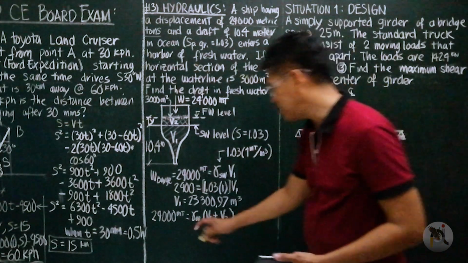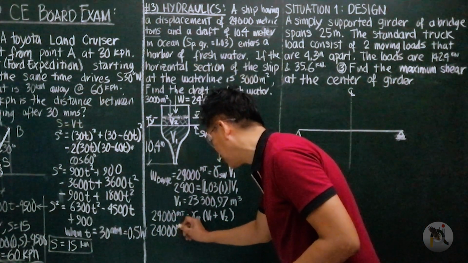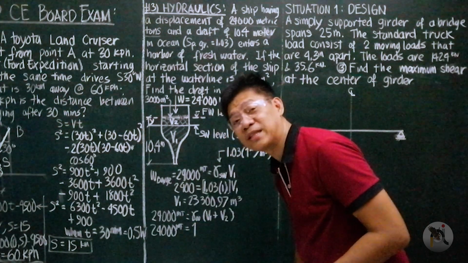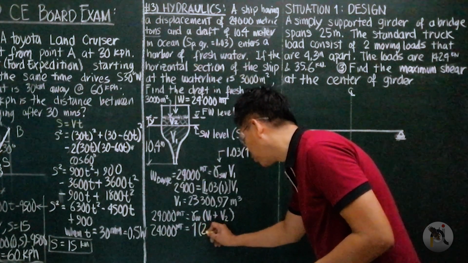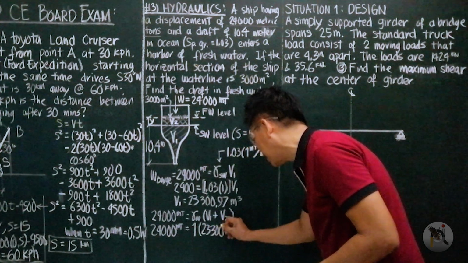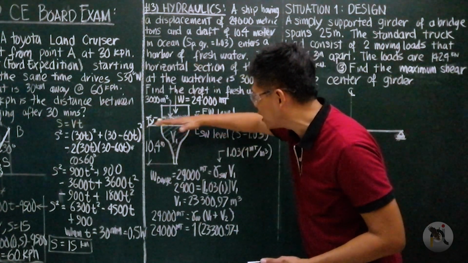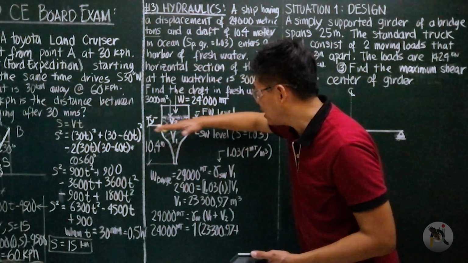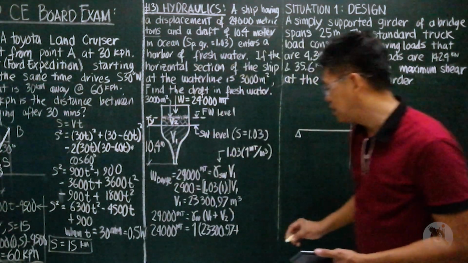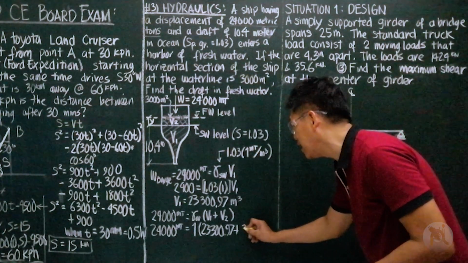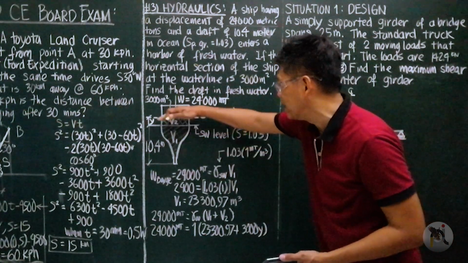Right? So this is going to be 2,400 metric tons. Gamma of water is 1 metric ton per cubic meter times V1, which is 2,330.97 plus V2. V2 is area times height. Area, I presume that this is constant area, this portion. So this is going to be 3,000 times Y. That is V2.